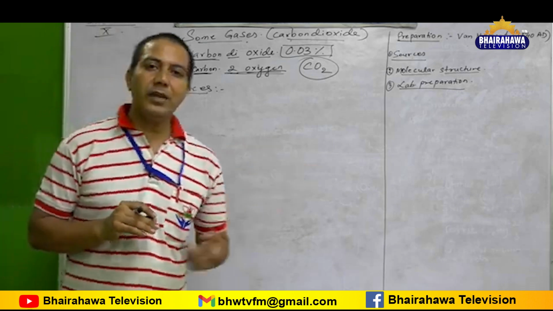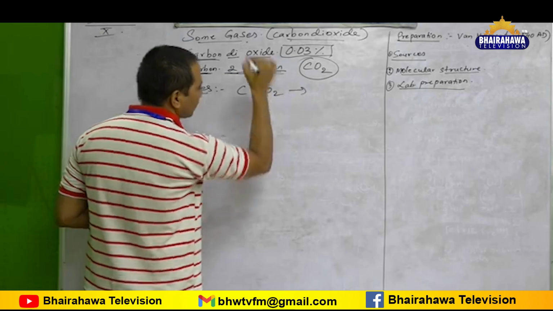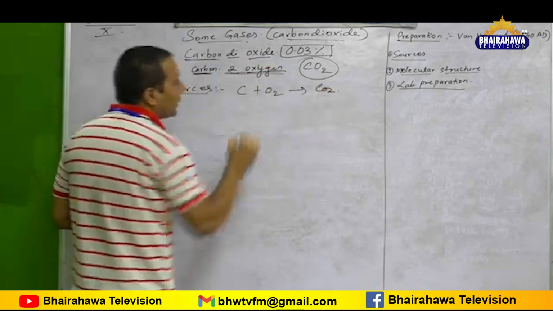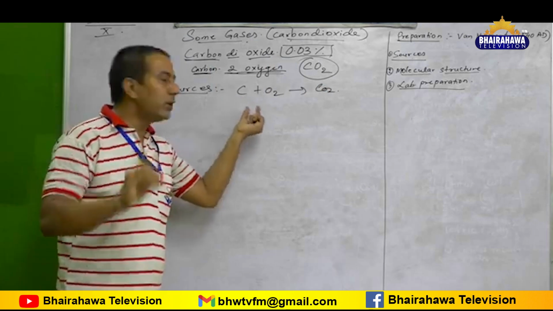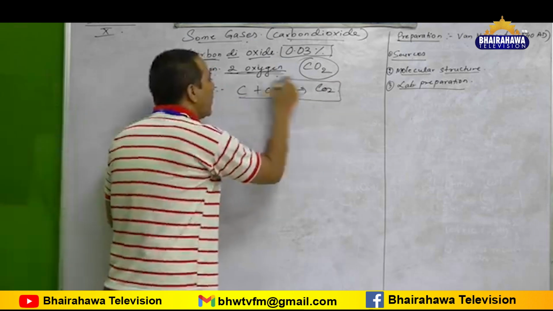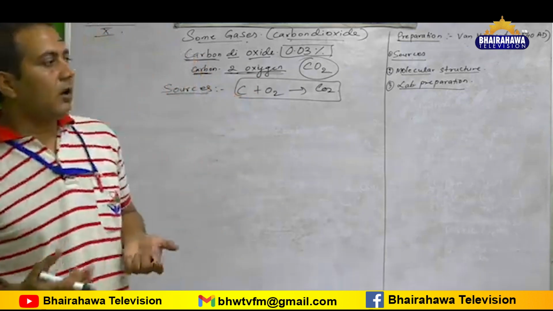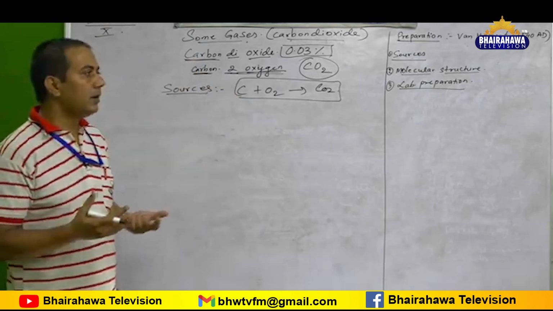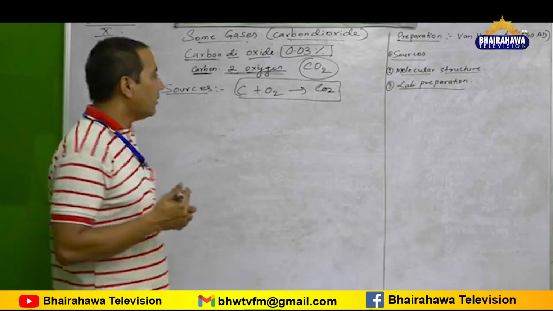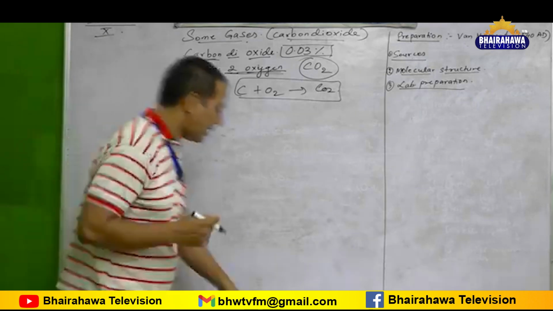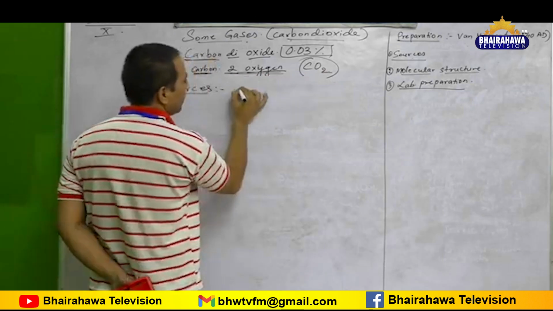When it burns with air, with oxygen, it forms carbon dioxide. That means another source of carbon dioxide in the atmosphere is the burning of fossil fuel, plastic, wood, or forest products. So the first source of carbon dioxide is the burning of carbon-containing substances.